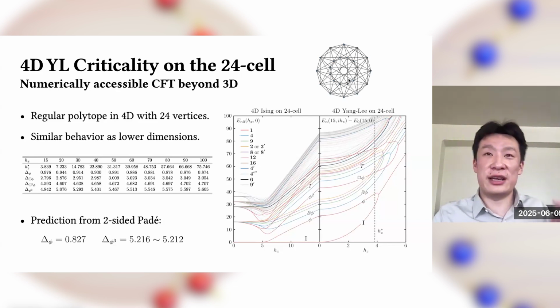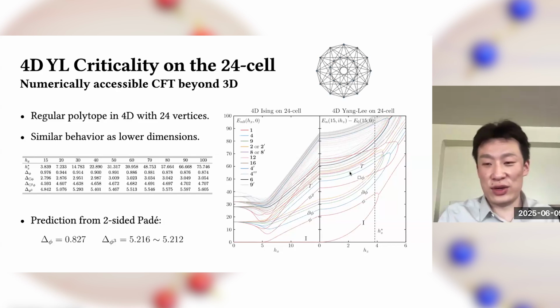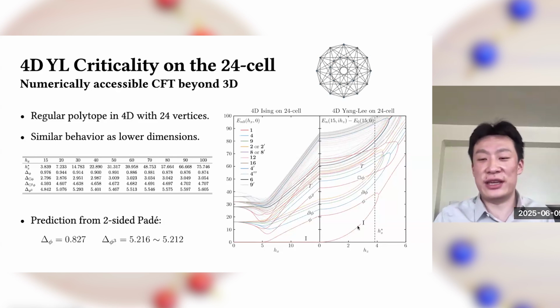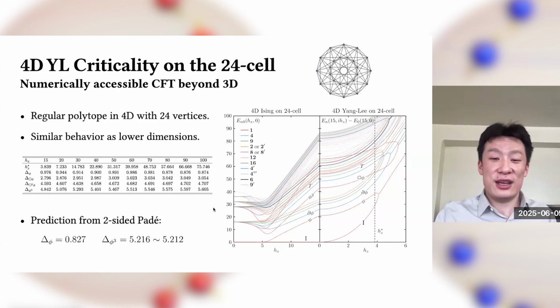And beyond that, there's a 120-cell and a 600-cell, which are obviously beyond our scope. And here the flow pattern and the merger pattern really helped us dig out what operators are what, because we have fewer symmetries.